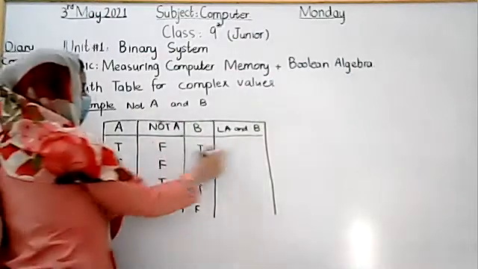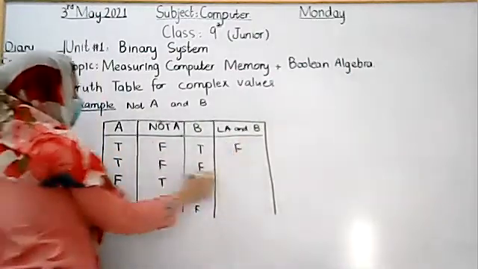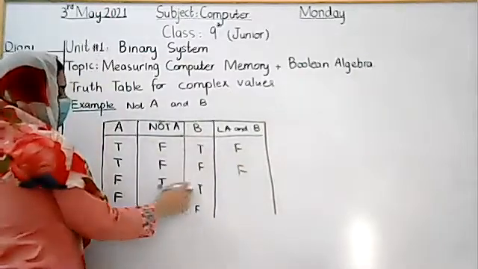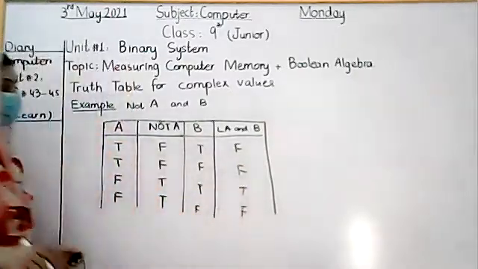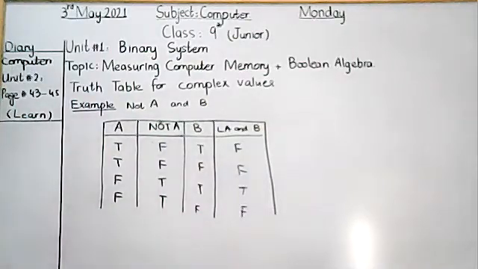So true, false will be false, false, false will be false, true, true will be true, true, false will be false. In this way, we can create a truth table for complex values as well.